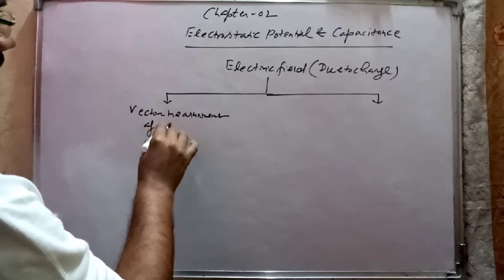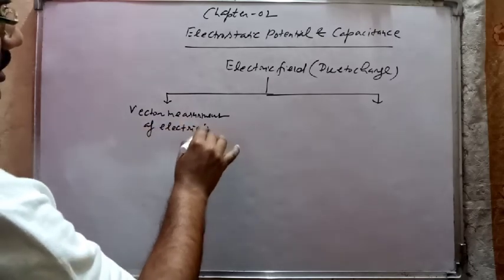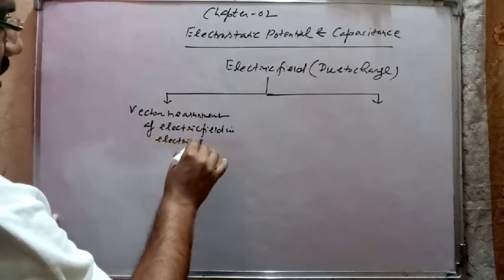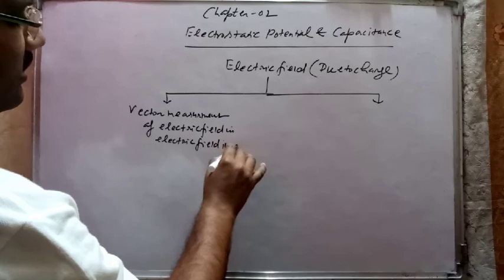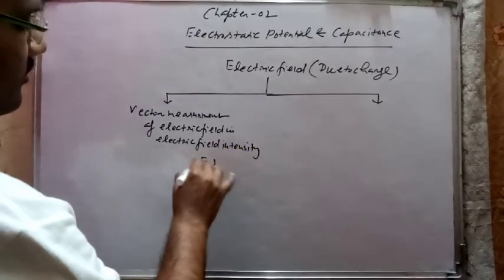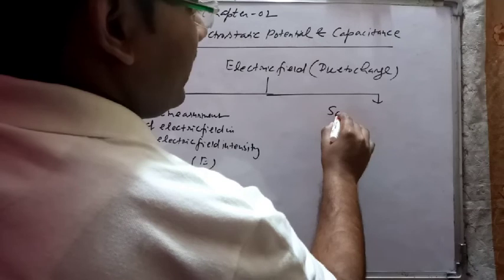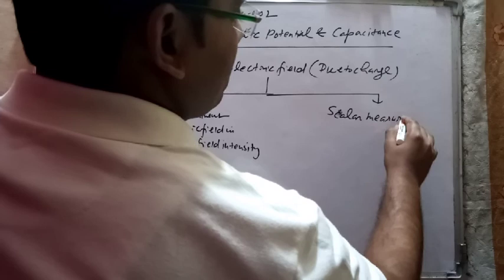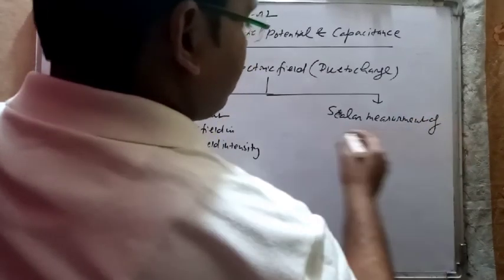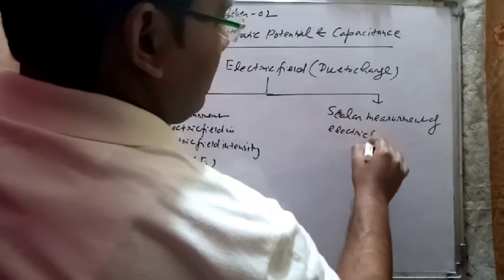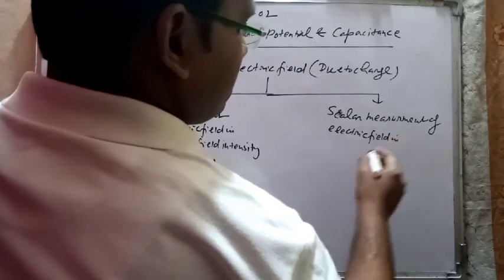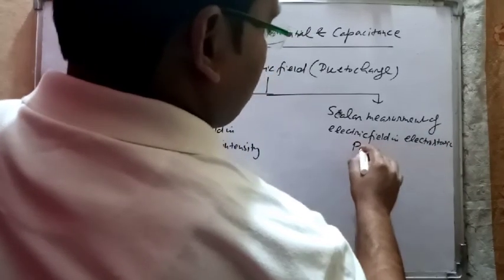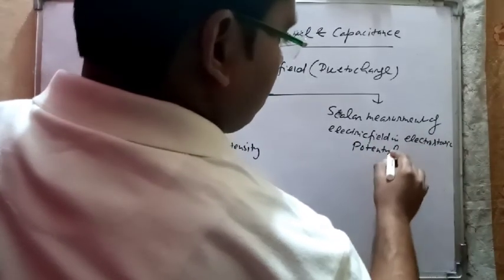Vector measurement of electric field is electric field intensity E, and scalar measurement of electric field is electrostatic potential V.